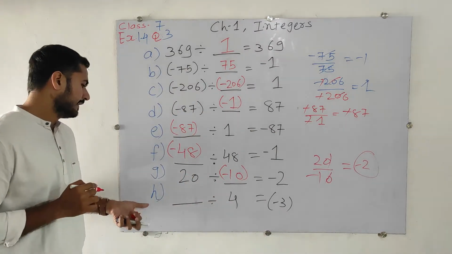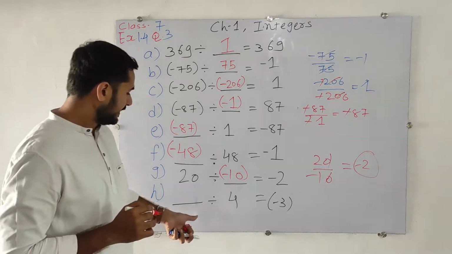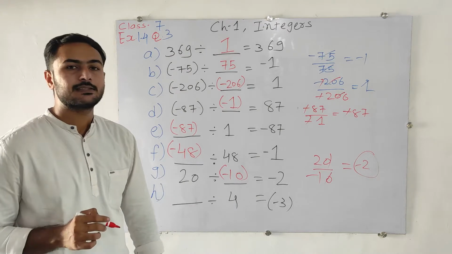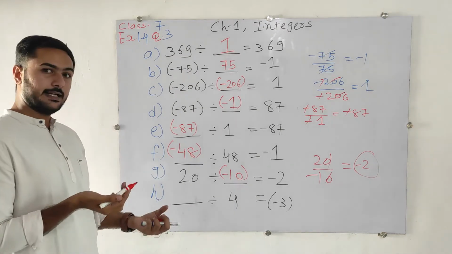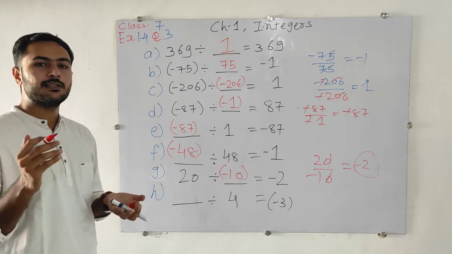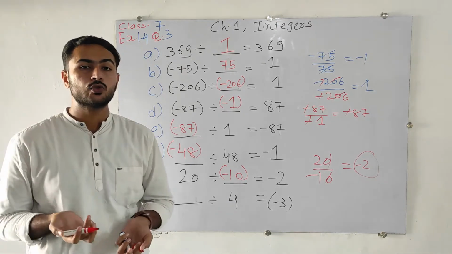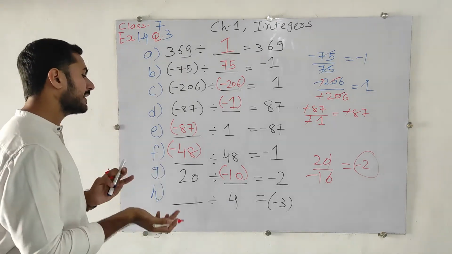Clear? Then H. What should I divide? Here the number divided by 4 is minus 3. That's really very simple, since 12 divided by 4 is 3. But sometimes if you don't remember how to do it, you can convert.